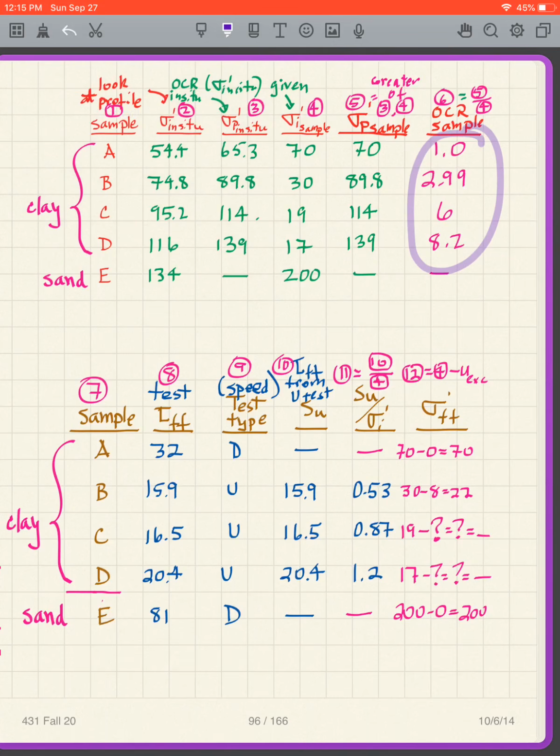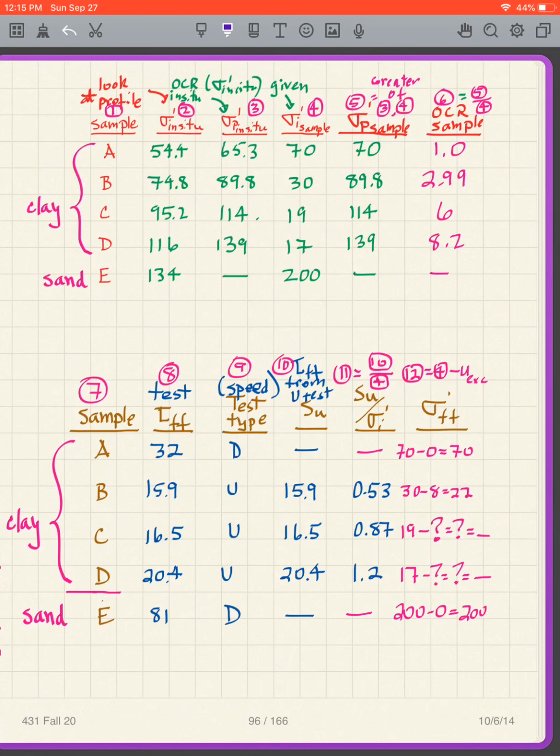Sometimes you can do it on purpose, sometimes you don't. But in any event, you've got to work with the data that you have, and sometimes you're working with somebody else's data. It may not be perfect, but you need to figure out what's going on with your sample. So I have a bunch of different OCRs for my samples now, by accident or deliberately.